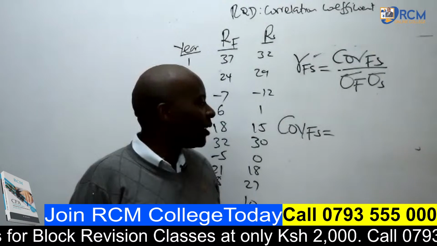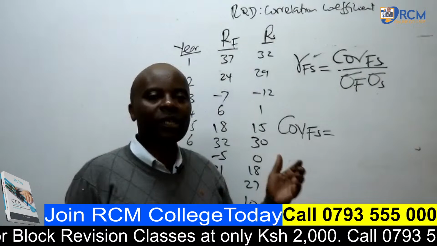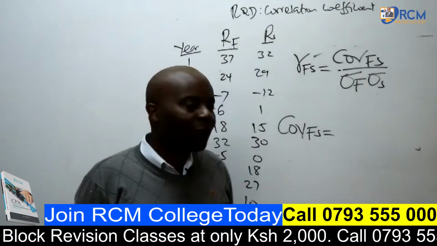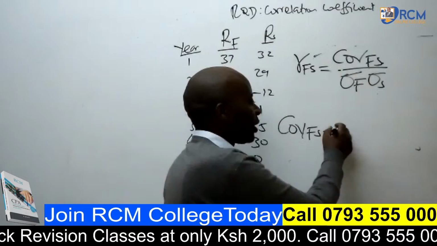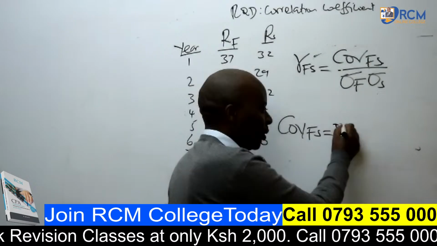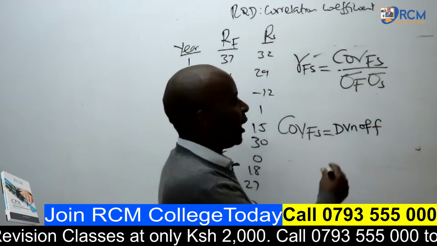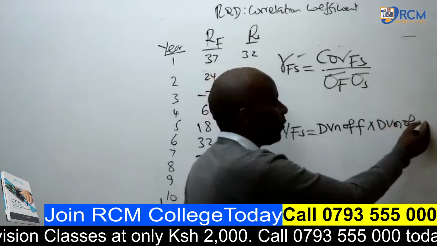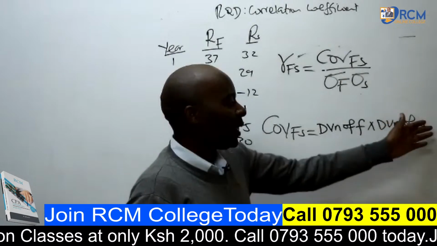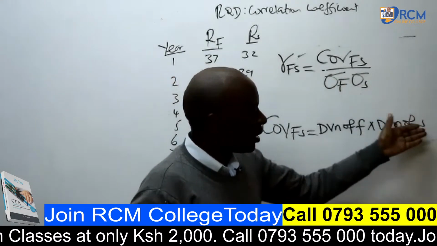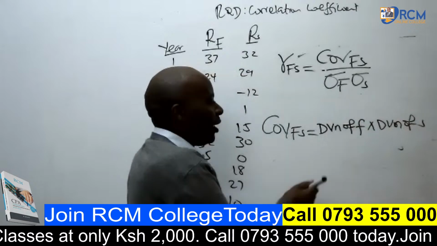Okay? So covariance is the shared variance. To get the covariance, you take the deviation of F times the deviation of S. If we had probabilities, we would have multiplied these by our probabilities, but we don't have any, so we just sum.